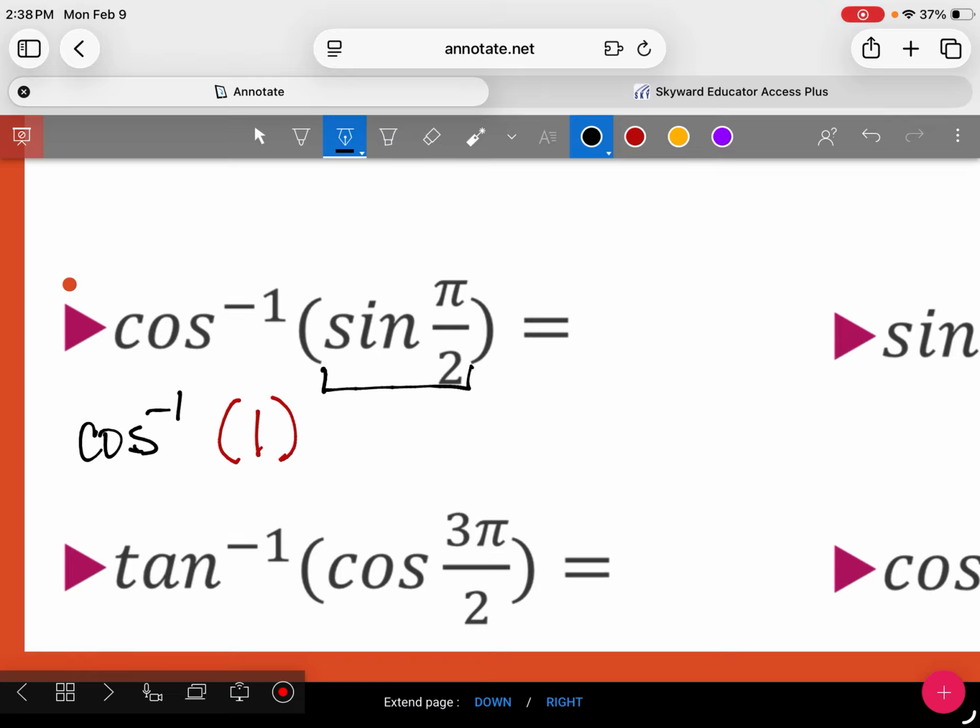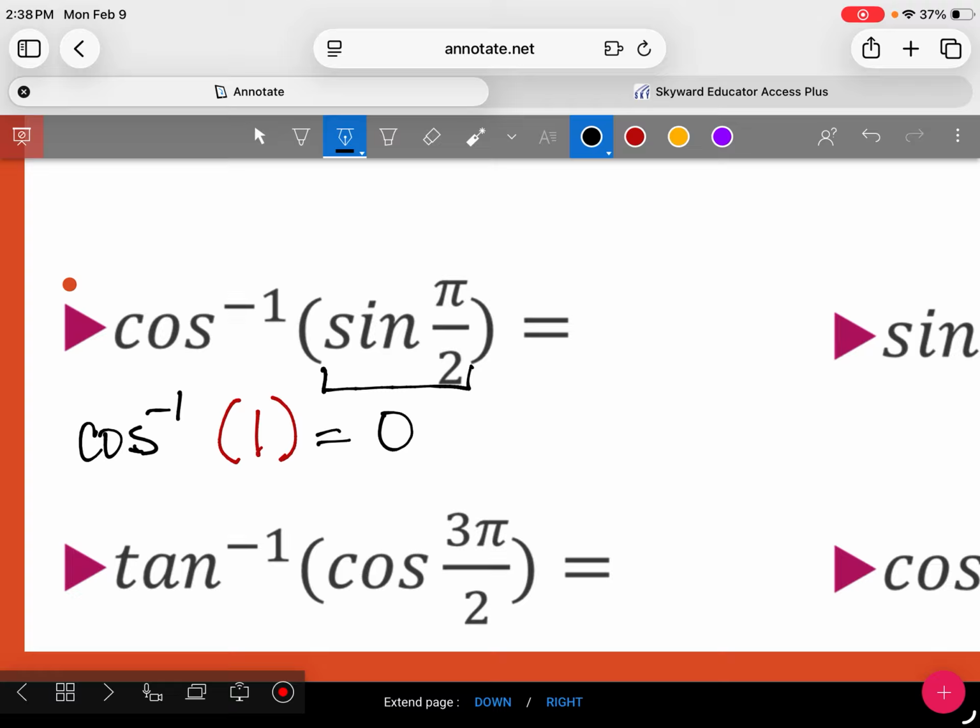So remember, inverse cosine is between 0 and pi. So looking at your unit circle, top half, what angle has a cosine of positive 1? And that would be 0. Again, every answer will be in radians, no degree answers.